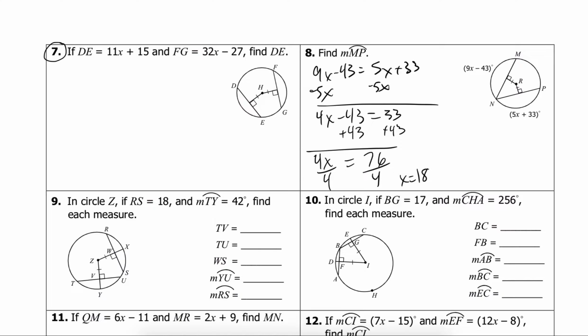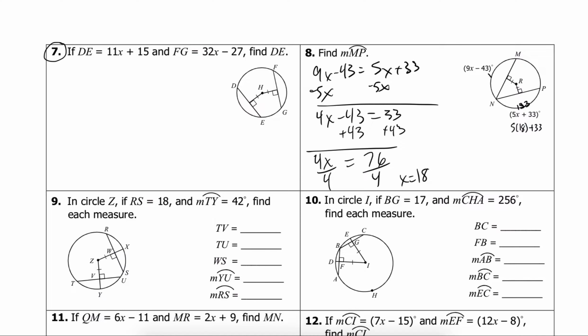Now, let's just plug that in here. 5 times 18 plus 33. So when you plug that in your calculator, 5 times 18 plus 33, you get 123. Now we said that the arcs were equal.